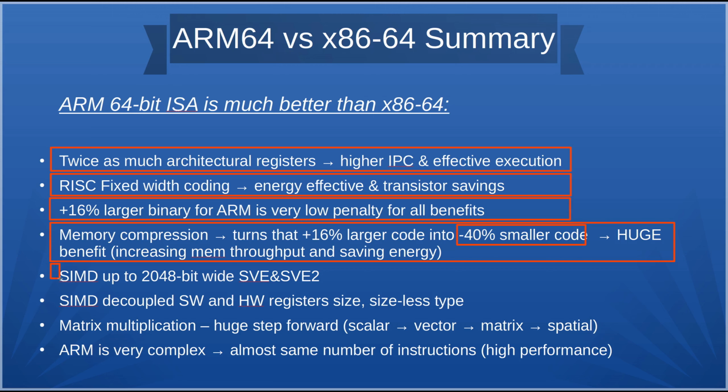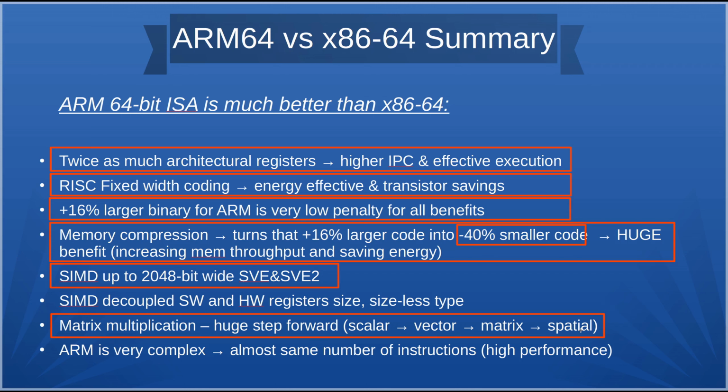And for floating point, ARM has 2048-bit wide support, and it also has matrix multiplication, which is a huge step forward. This is scalar, vector, matrix, and even later on will be spatial, like n-dimensional.